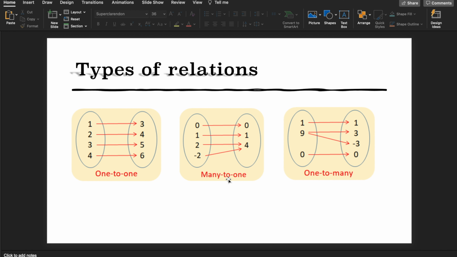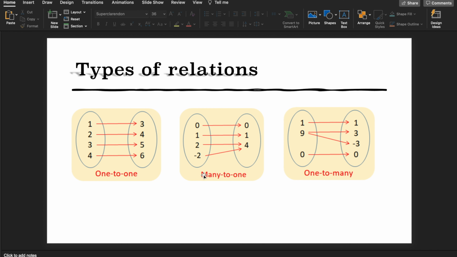This would be a function because it's a many-to-one, meaning that two different values of x map to one value of y. Here we could take y equals x squared, meaning if you put x as 1 or minus 1, the answer would be the same.